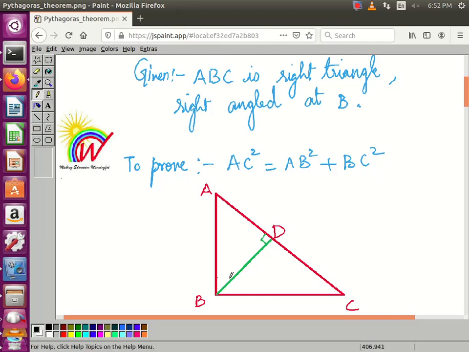The side opposite the right angle is going to be our hypotenuse. So if angle B is 90 degrees, the side opposite angle B, that is AC, is going to be the hypotenuse. Alright, so this is what we have to prove: AC square, the hypotenuse square, is equal to AB square plus BC square.